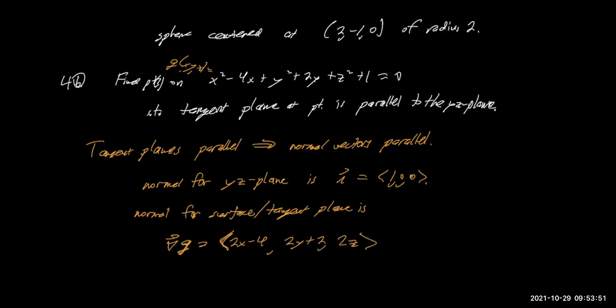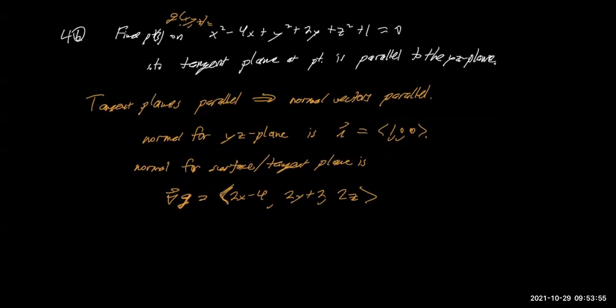And to say these two vectors are parallel is to say the gradient of G is lambda times i for some lambda, right?